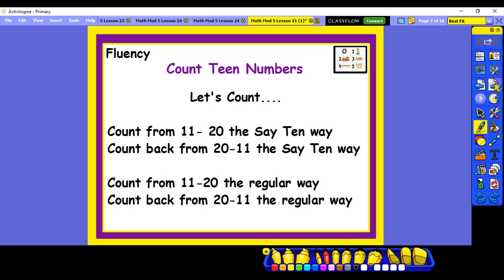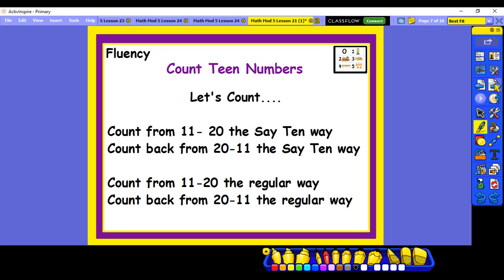Now let's practice counting. We're going to count from 11 to 20 forward the say 10 way. So we would say 10, 1, 10, 2, 10, 3, 10, 4, 10, 5, 10, 6, 10, 7, 10, 8, 10, 9, 2 10s.